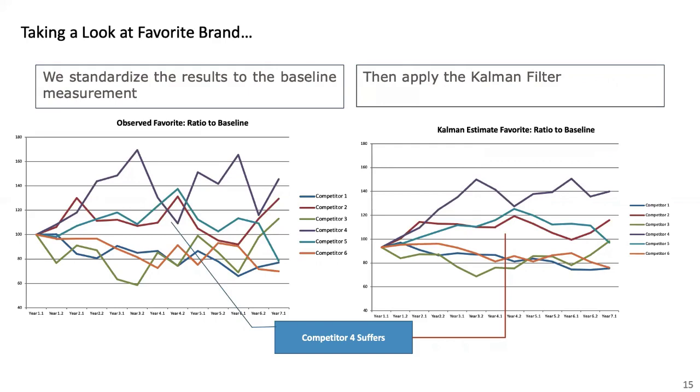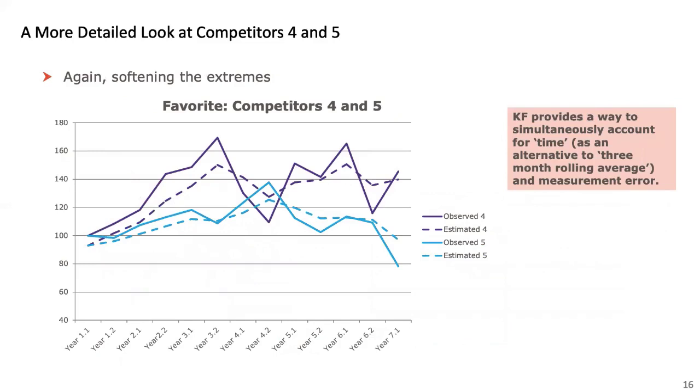In this case, that one little abnormality in the second observation for year 2 really is just an abnormality, and competitive brand number 4 is actually doing quite well in terms of being chosen as the favorite brand. So again, you can see what the Kalman Filter is doing, trying to soften that extreme.